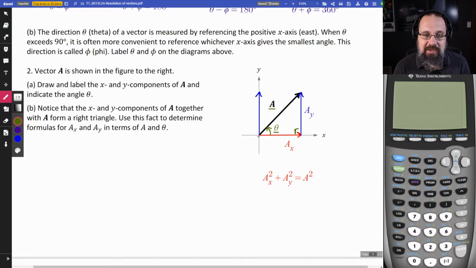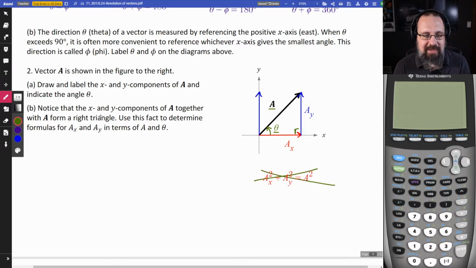We want to find out how many units this vector A points horizontally and how many units it points vertically. And if we try to use the Pythagorean theorem to do that, we can't, because the only thing we know is the magnitude of vector A. So if you're trying to solve for AX, you wouldn't know what AY is, and so you can't actually solve this equation. There are too many variables, so we can't actually use the Pythagorean theorem.